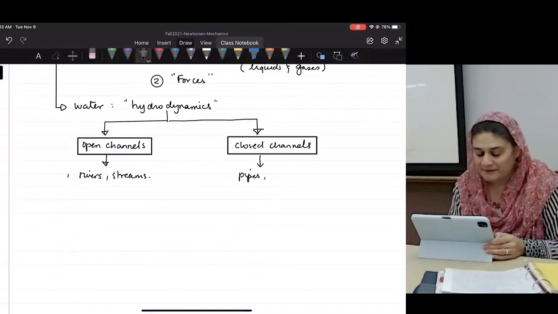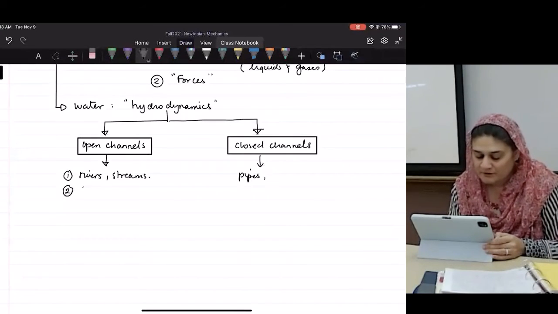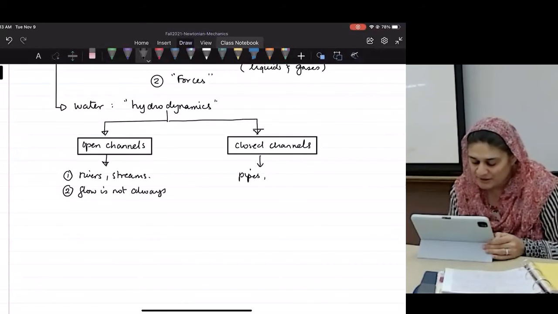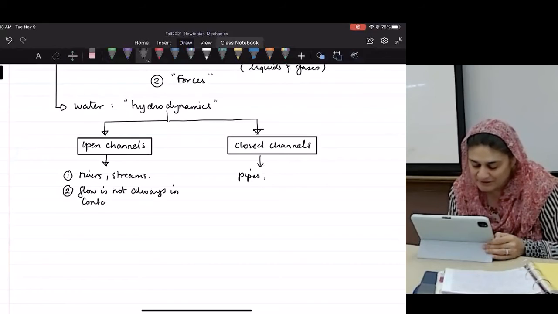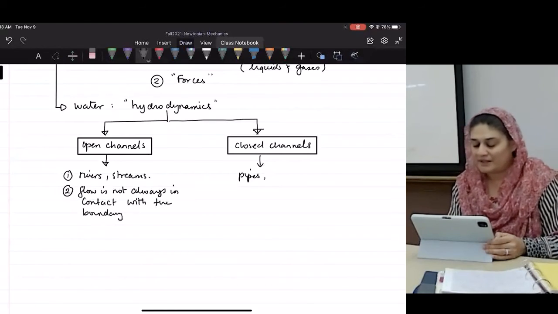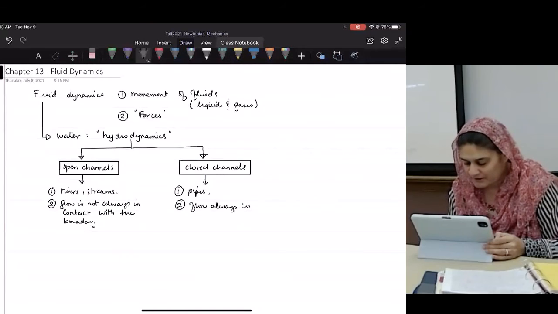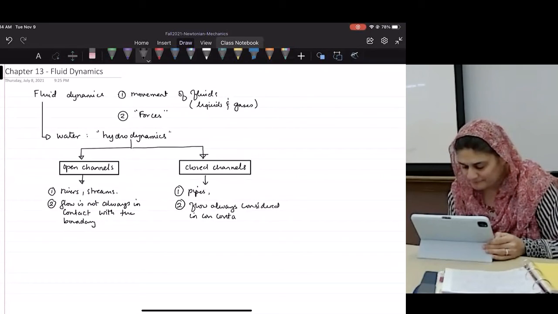Another way of defining them could be that in open channels the flow is not always in contact with the boundary, whereas in closed channels the flow is always considered in contact with the boundary.